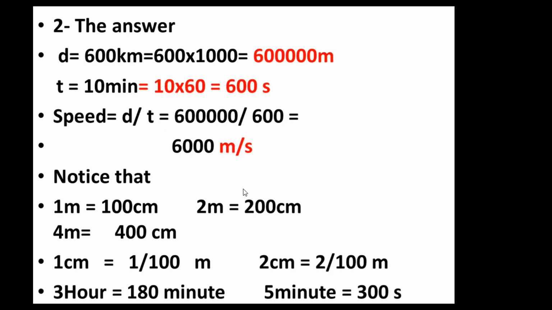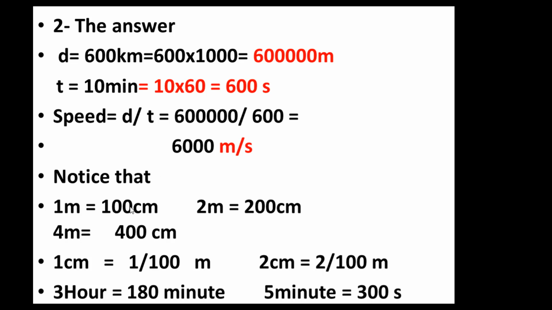For distance, 600 kilometer, I change it to meter, so multiply by 1000, and minute multiply by 60. The final result is 600,000 meter, 600 seconds. After that we divide 600,000 meter over 600 seconds, equal 1000 meter per second, not kilometer per hour.